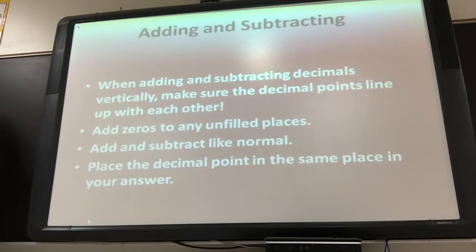The ones, the tens, the hundreds, all of those should line up with one another. If one number is bigger than the other, then you're going to add zeros to fill any places that are not filled. So once we've lined everything up, we just add and subtract like normal, and your decimal point comes straight down in your answer. So you don't have to count any spaces or anything like that. It just comes right straight down in your answer.